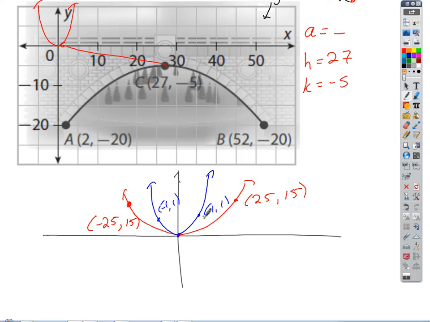Okay, and it's been reflected, so it's negative, right? Everybody buy that? Okay. How much are we stretching it horizontally? By 25, right? So then what's the value of b? So 1 over 25, right? Everybody see that? Okay. Well, so b equals 25, but we got 1 over b in ours. Does that make sense? Okay.